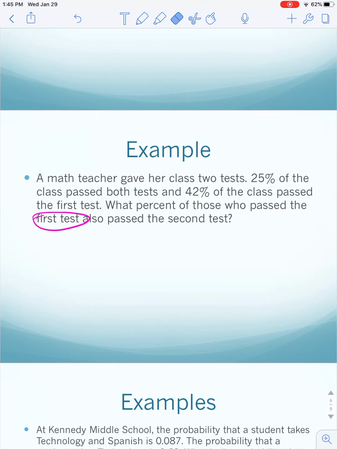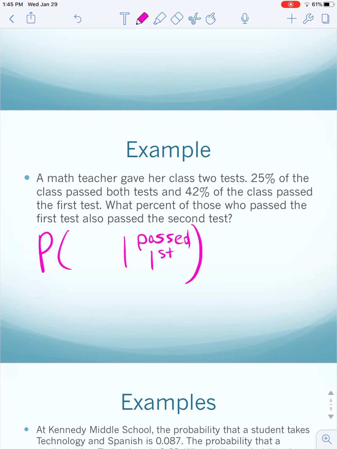We're accepting that they passed the first test. We want to know how many also passed the second test. So we want to know who passed the second test given that they passed the first test.